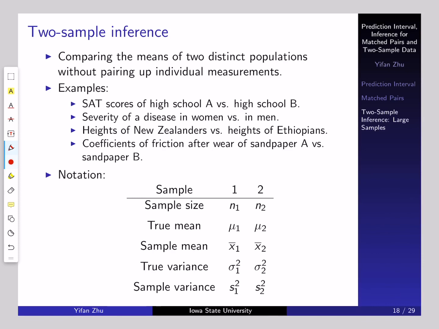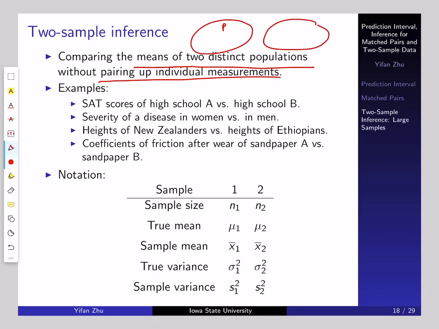So we are comparing two means from two distinct populations without pairing our individual measurements. So this is what we did. We have two populations, and we have two samples.